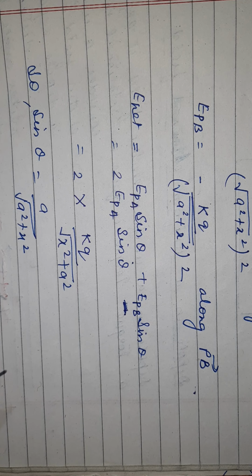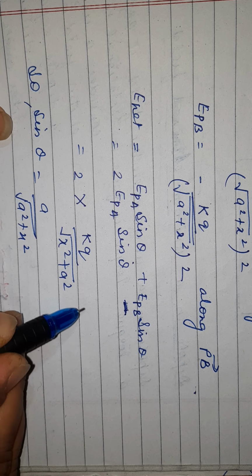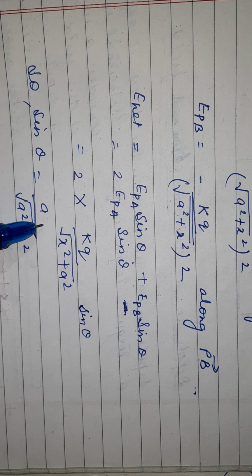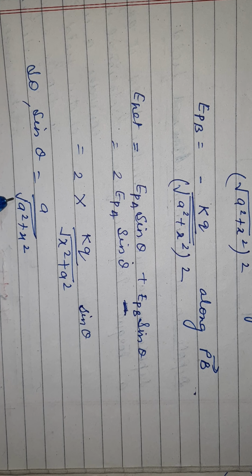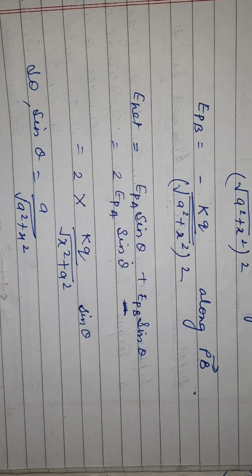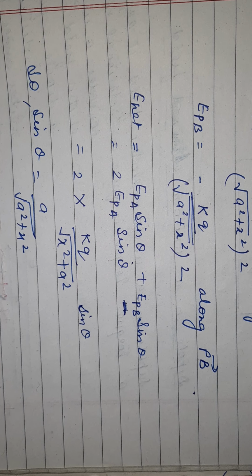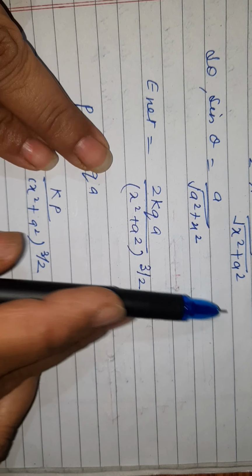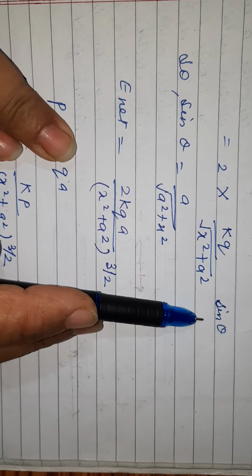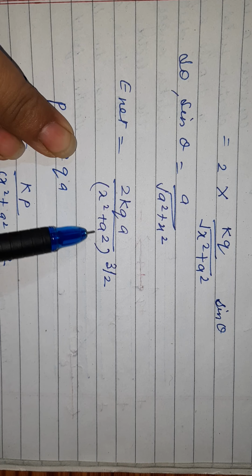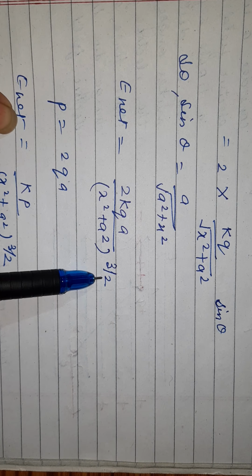Value of sin theta is a upon root over of a square plus x square. Fine. So E net, putting the value of sin theta in this expression, will be 2 kqa upon x square plus a square to the power 3 by 2.